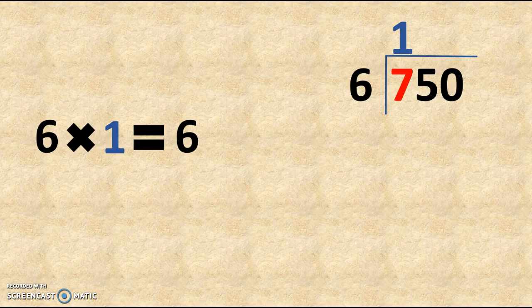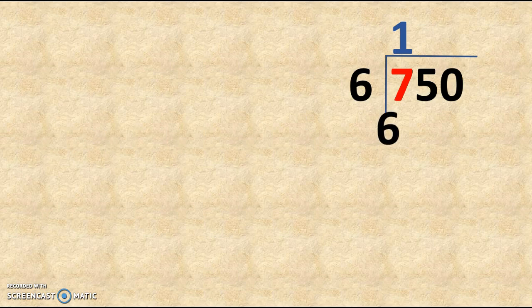Then we take the answer and put it underneath the 7, where we've been working. We're still working in that column. Next, we're going to subtract that 6 from the 7 above it, which will give us a 1.